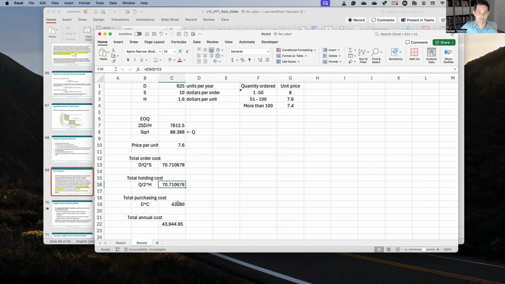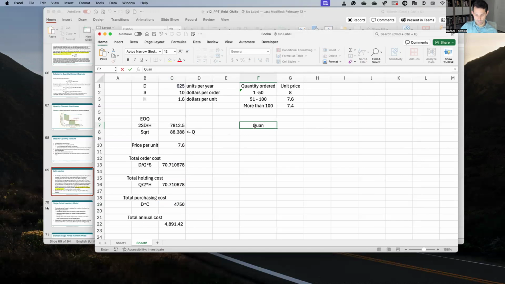That's how it's supposed to be. Now the total cost to purchase the materials is my annual demand times 7.6. Then the total is this plus these other two costs, 4,891.